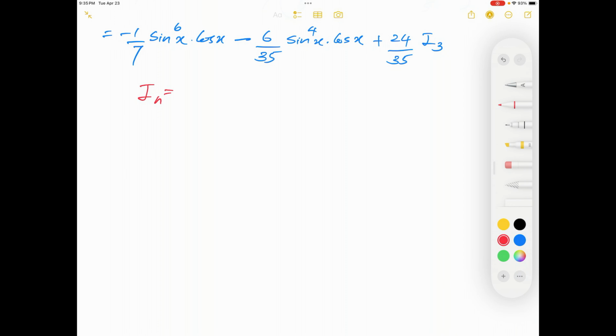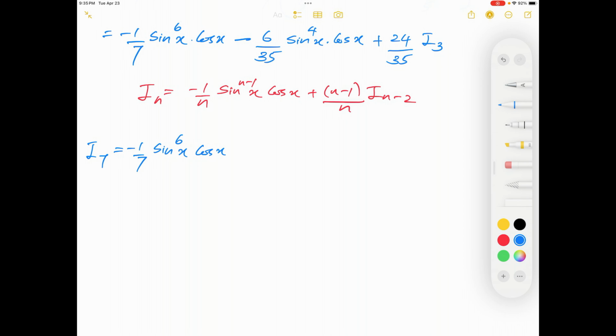What was the recursion again? The recursion equation we had was I sub n equals negative 1 over n sine to the n minus first power x cosine x plus n minus 1 over n I_(n-2). So I'm going to apply that equation once again for I3 with n equals 3. Negative 1/7 sine 6th power x cosine x minus 6 over 35 sine 4th power x cosine x, plus 24 over 35.